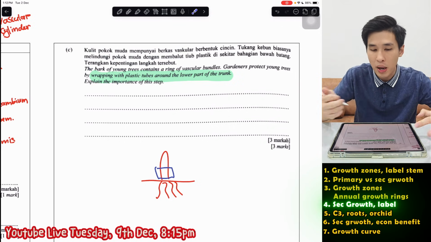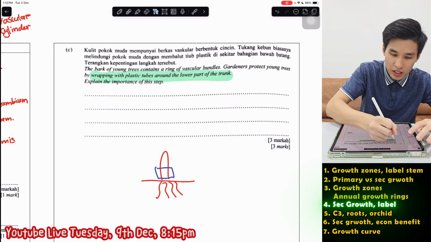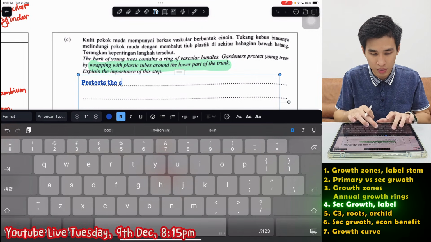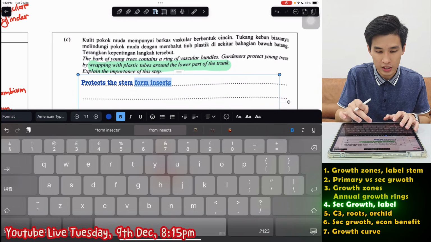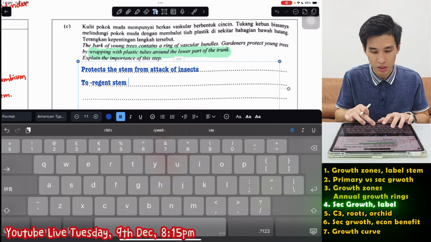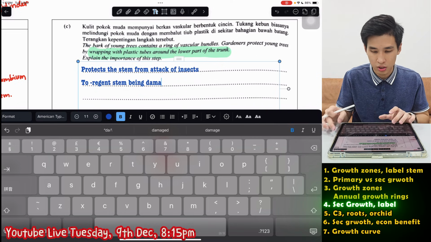So you want to prevent that from happening. So yeah, we can say it basically protects the stem from attack of insects, so to prevent the stem being damaged.